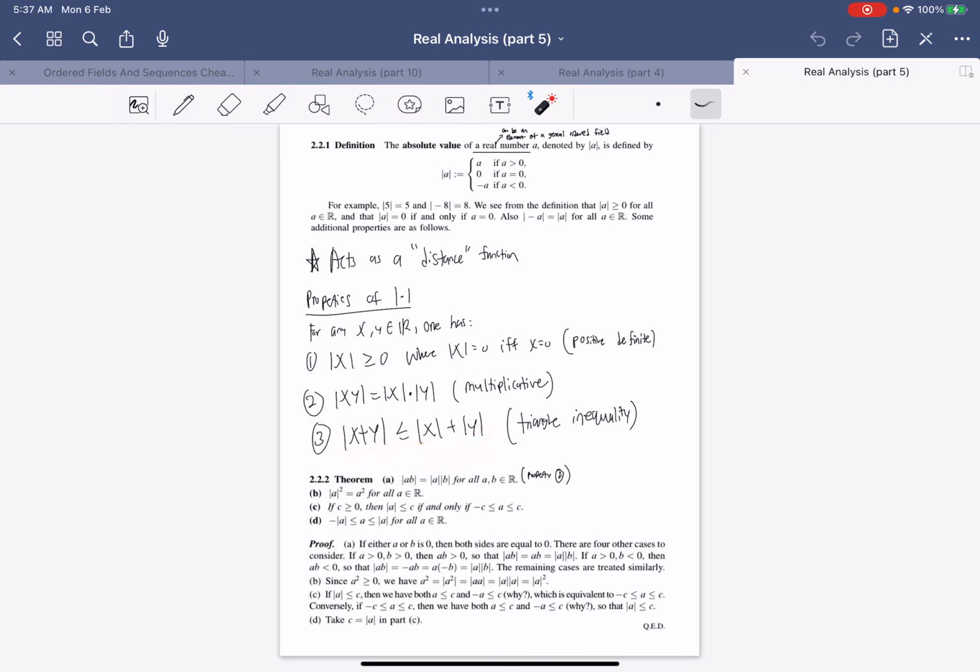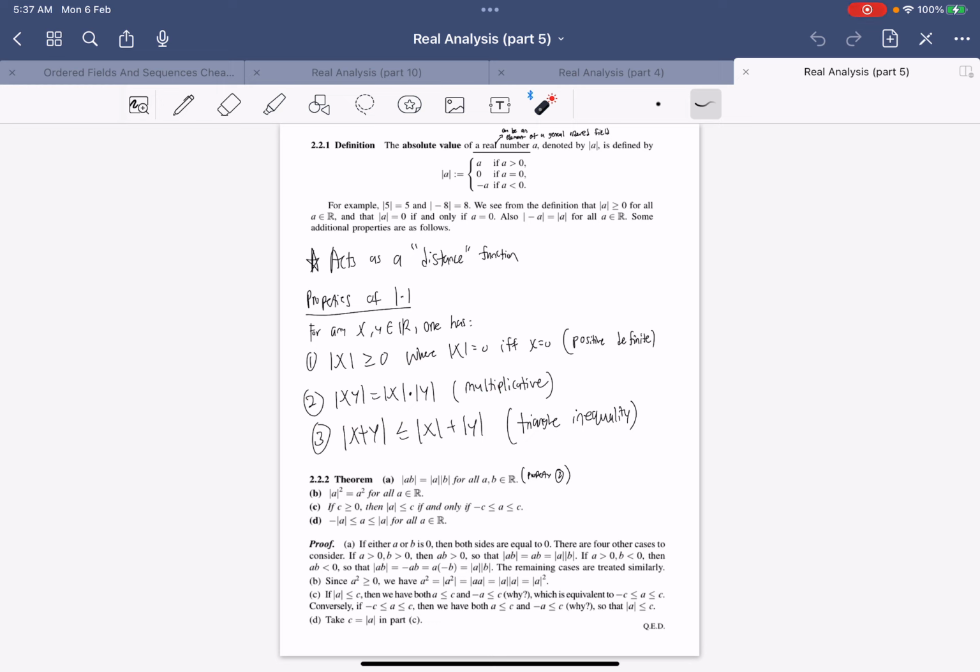And so the proof of it is given over here. And really the main idea is that you want to consider the different cases when a and b are greater than 0, a and b equal to 0, or both are less than 0, and then you just work it out and you show that this equality holds.